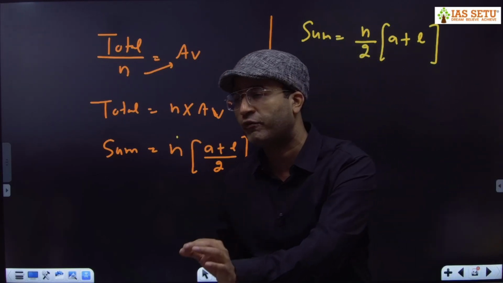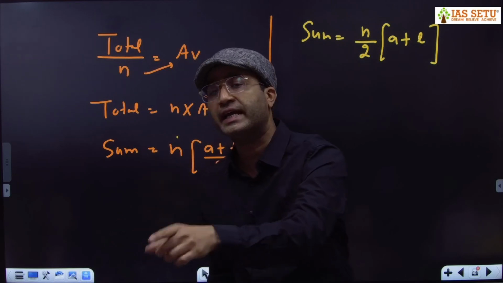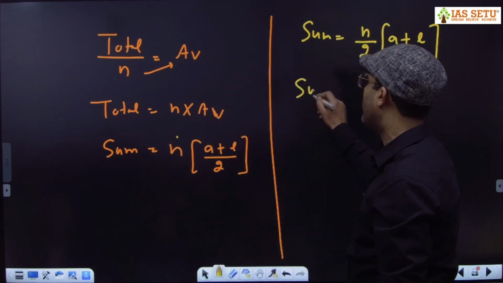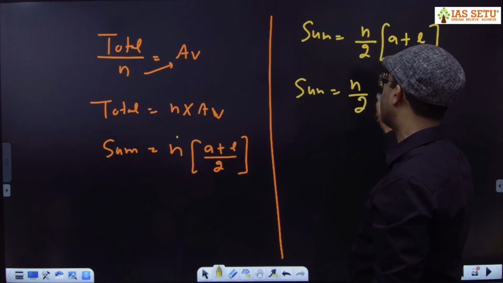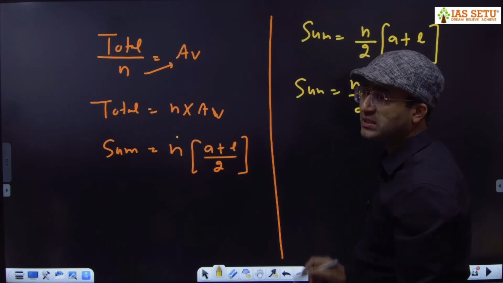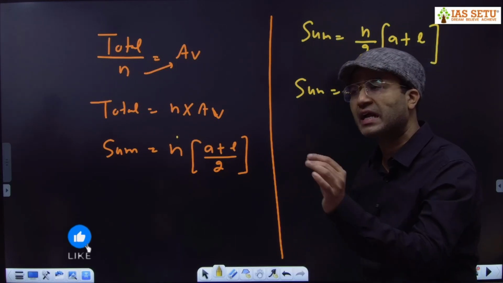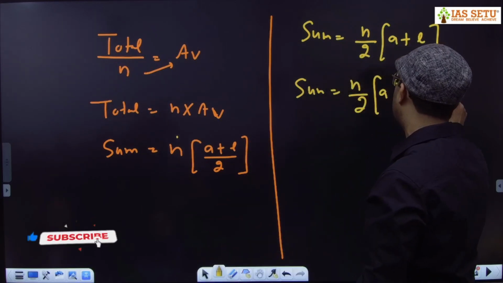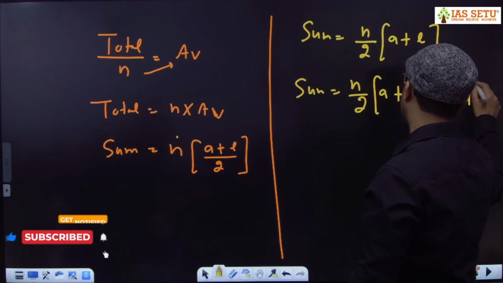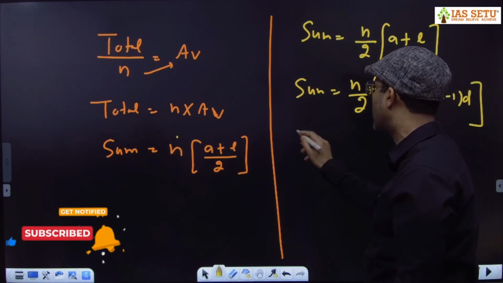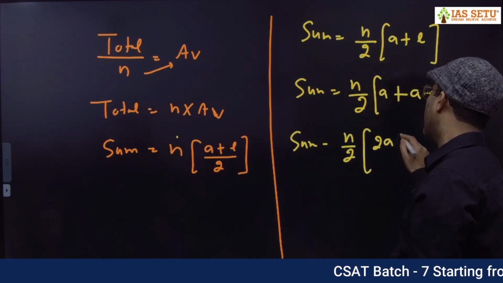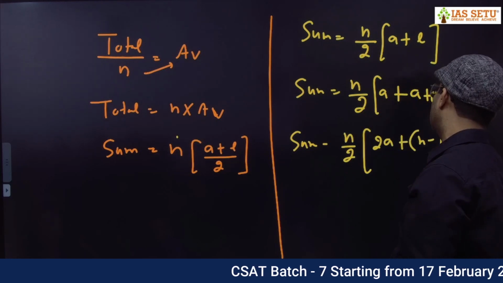What is the formula of the nth term? a plus (n minus 1) into d. So the sum of an AP is n by 2 into (a plus the last term), and the last term is the nth term, a plus (n minus 1) into d. The a merges, so your formula is sum is n by 2 (2a plus (n minus 1) into d).